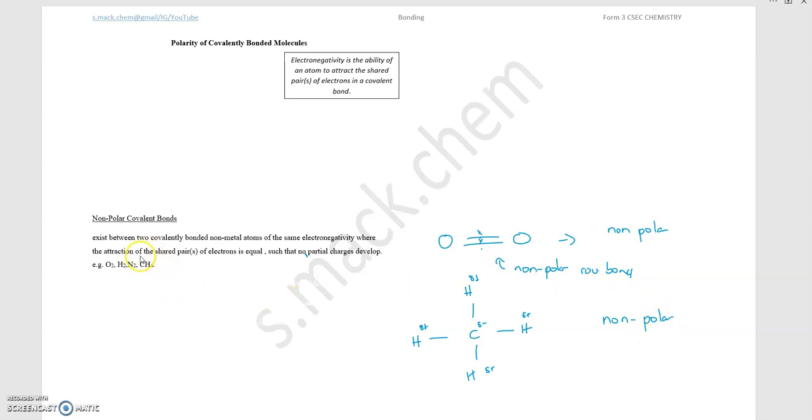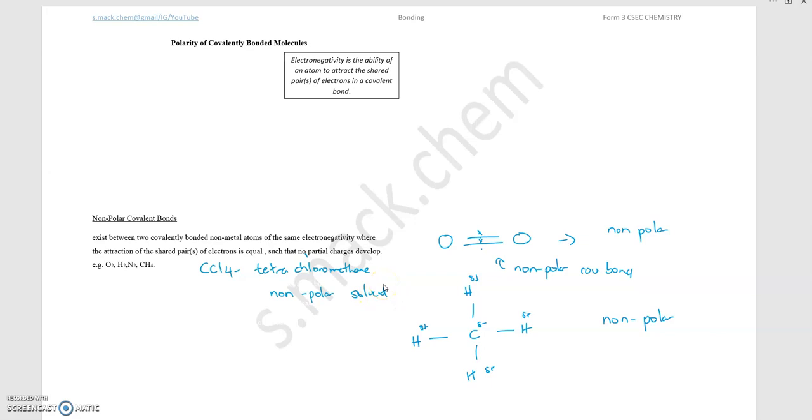So you are to note here that methane is a non-polar molecule, as well as CCl4, which is called tetrachloromethane. And tetrachloromethane is regarded as a non-polar solvent.